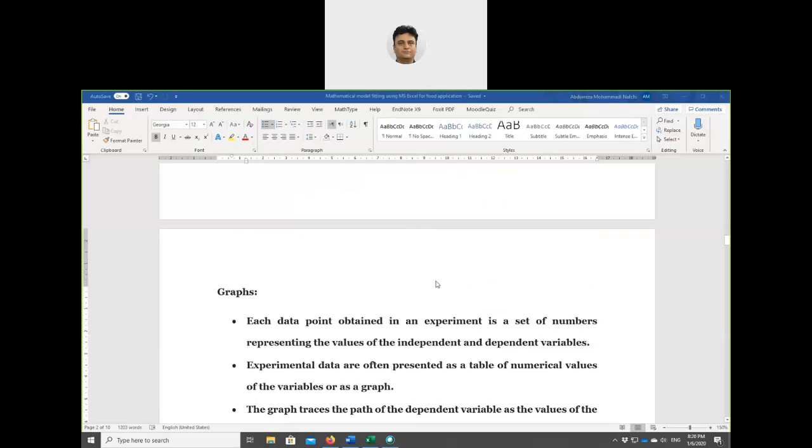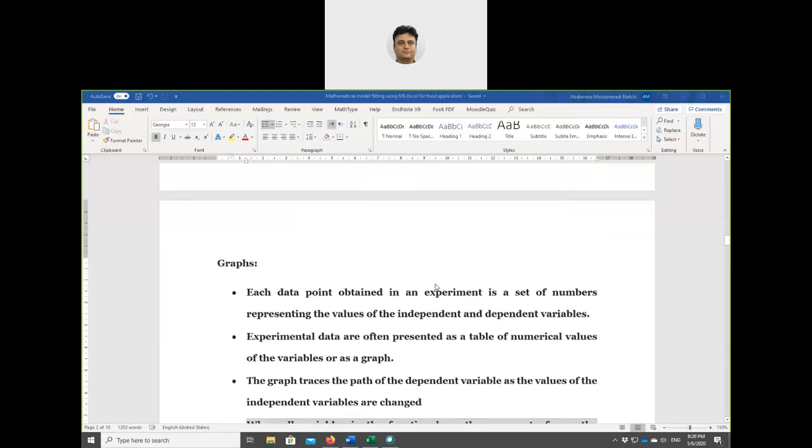Another thing you should know before doing the training is about the graph. When you measure something, you have a set of numbers for the independent and dependent values. For example, for one specific water activity, you measure the moisture content.